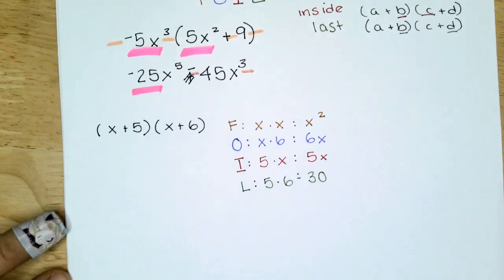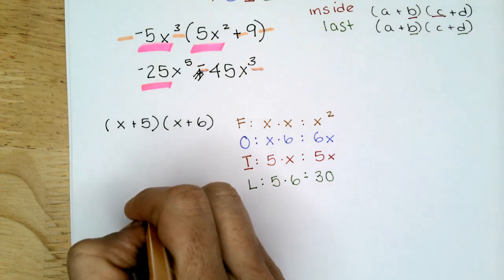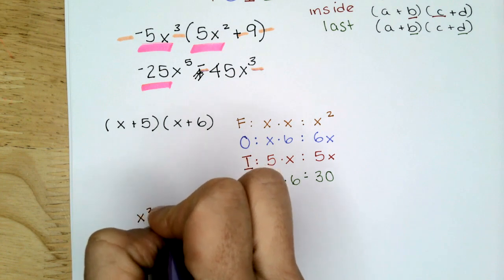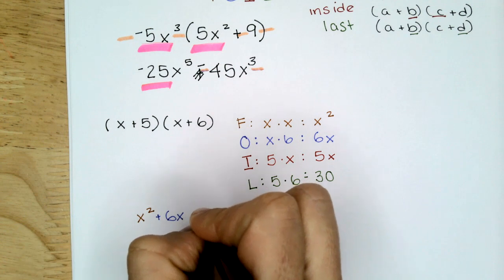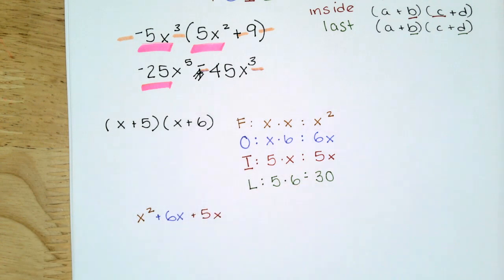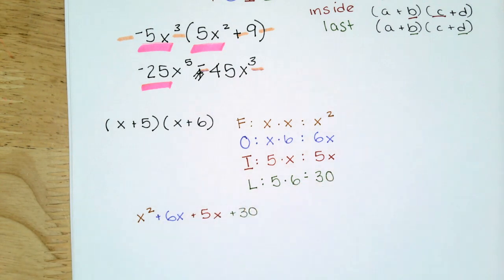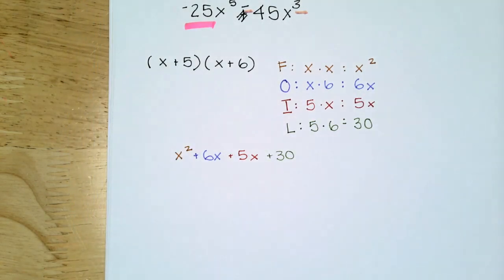So now I would just write that out as x squared, make sure of the sign, but they're all positive, so x squared plus 6x plus 5x plus 30.